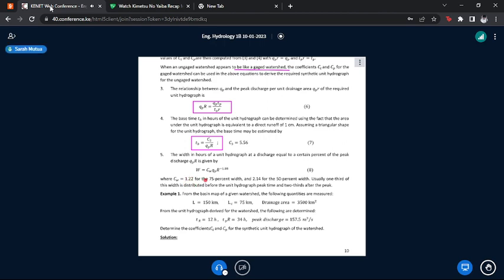CW is, and here I have to check, because probably this one is for metric units, but if it is the English system, I think it should be 440, and I'll confirm that. And it is 770 for the 50% width.